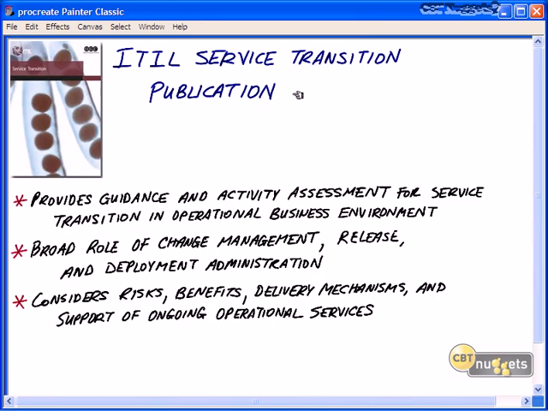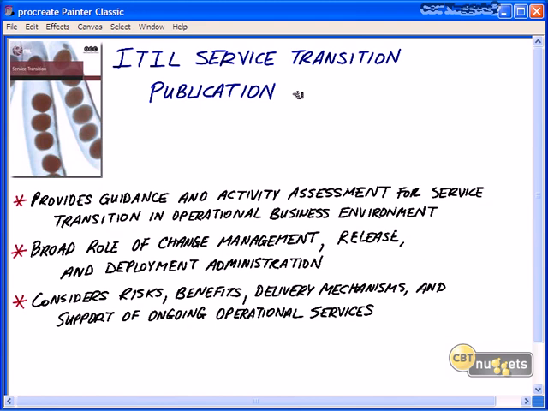The third book in the series is Service Transition, and it relates to simply that, the transition of IT service state, providing guidance and activity assessment for the transition of services in operational business environments. It's going to cover the broad role of change management, release management, and deployment administration.